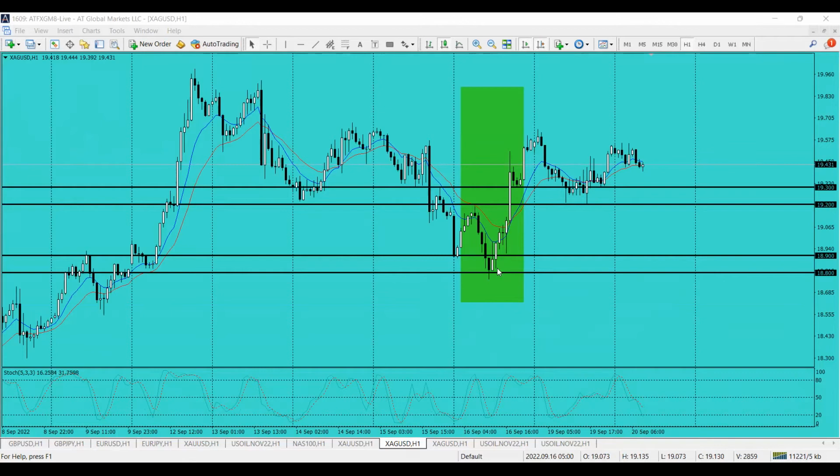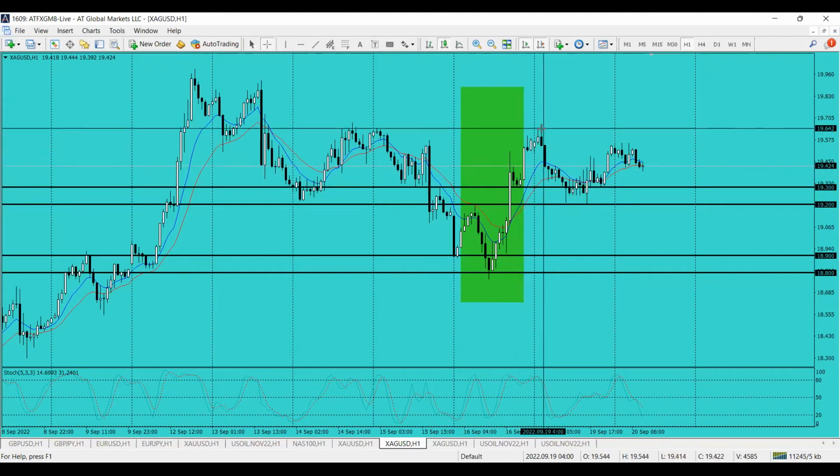So if you managed to take positions here, definitely you had profits on this side. And in the US session, the price of silver traded beyond 19.20 and the price went above 19.30.